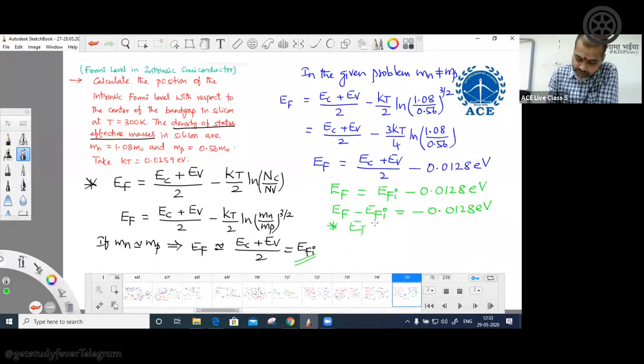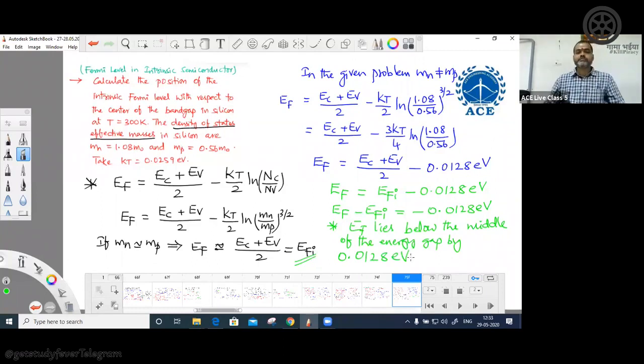So let me write that point. EF lies below the middle of the energy gap by how much? 0.0128 electron volts.